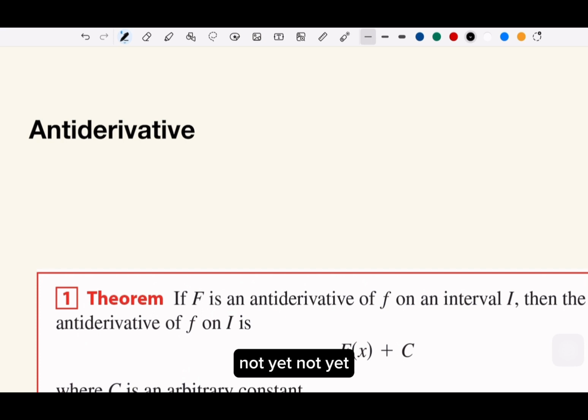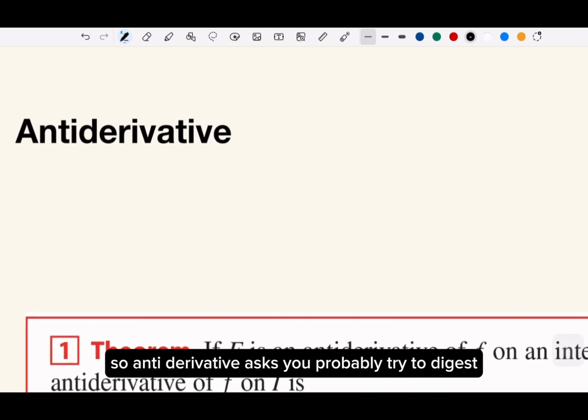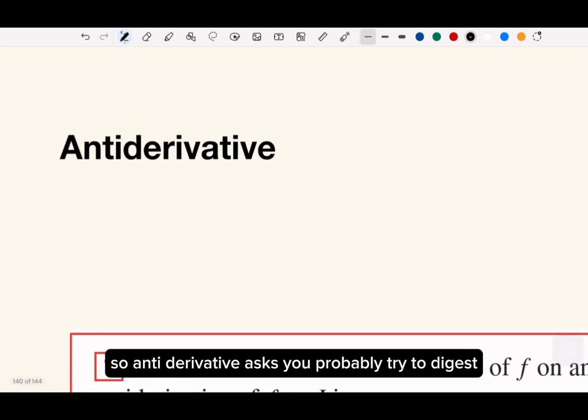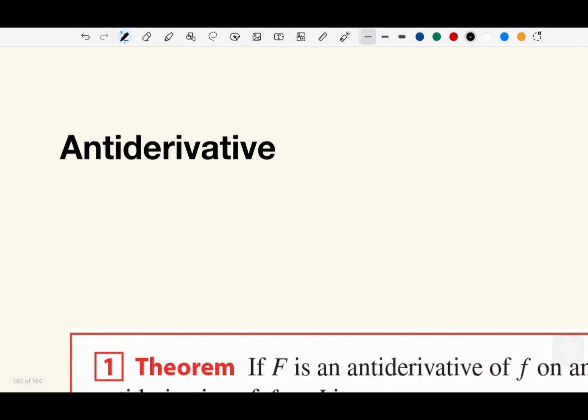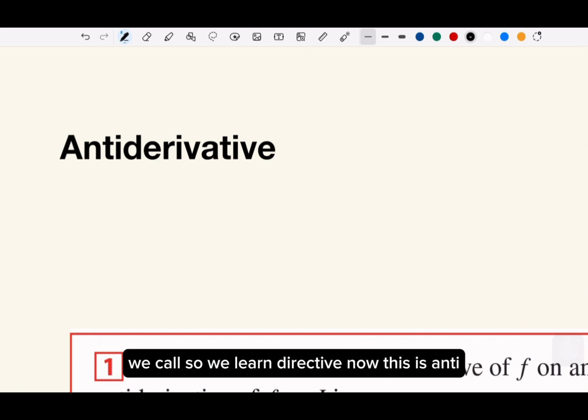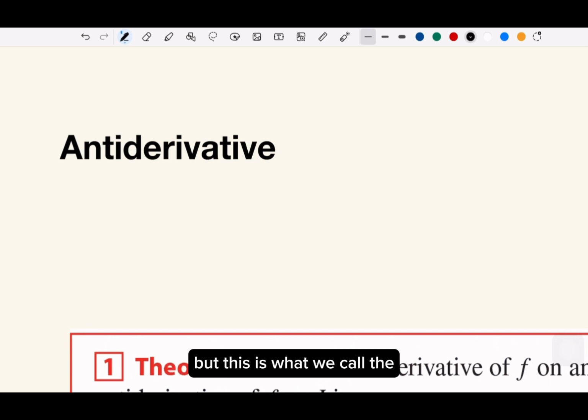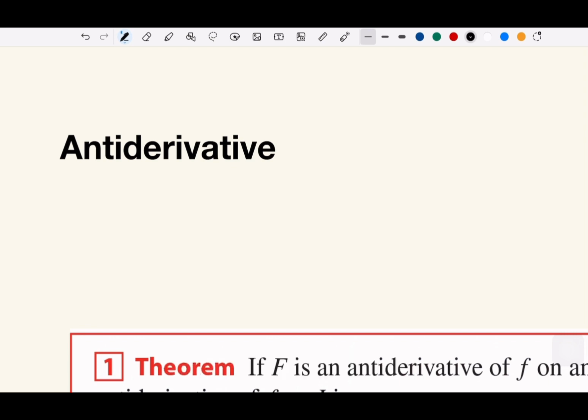Not yet. Okay, so antiderivative, as you probably try to digest, we learn derivative, right? Now this is anti. Basically, if you are familiar with integration, this is what we call integration.